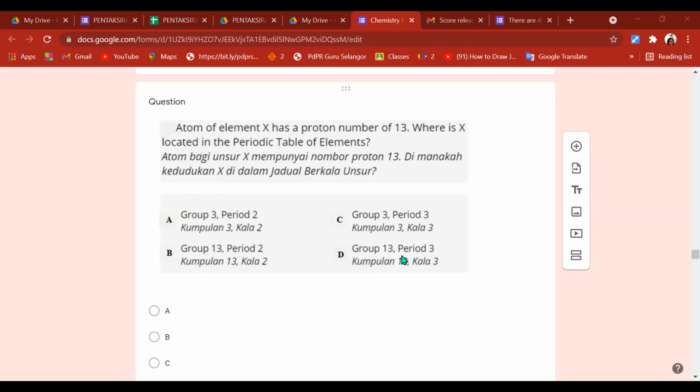Mana boleh? Mana boleh 13 proton number so it's group 13? Tak boleh, cannot. Salah, ajaran sesat. Cikgu mana ajar tu? Don't know. Keshman don't know, is it? Okay, I think I didn't ask Maithili yet. Maithili, you are here.